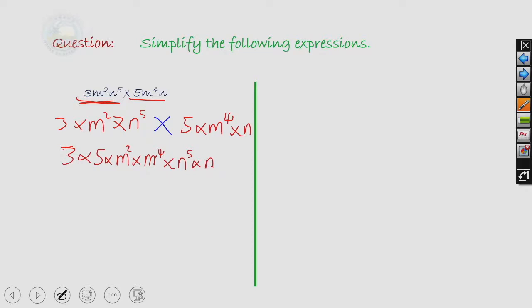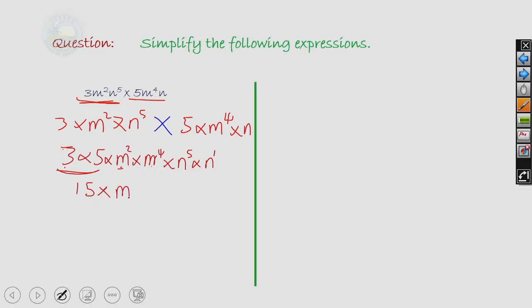Well, there's no power there. But remember what we said, even if we don't see a power, that power is 1. So multiplying my coefficients, I have 3 times 5 is 15. And once the variables are the same and we are multiplying, we add the powers.